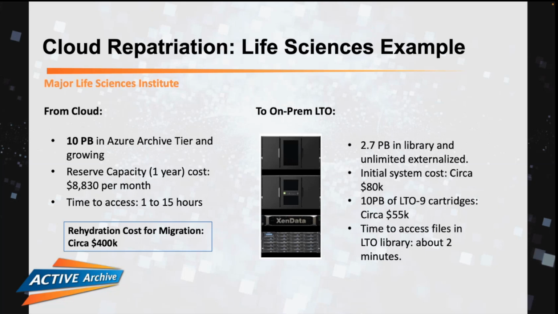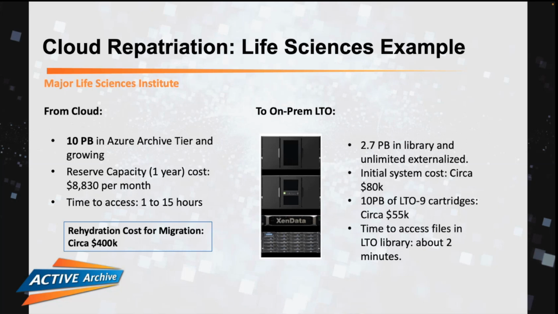And the organization came to realize that LTO was a much better way to go. They purchased the 2.7 petabyte XenData LTO9 archive system at a cost of about $80,000. And as with all XenData systems, this supports an unlimited number of externalized LTO cartridges.